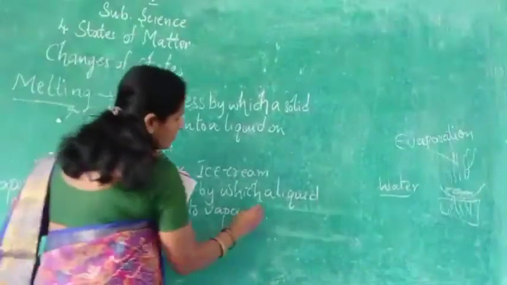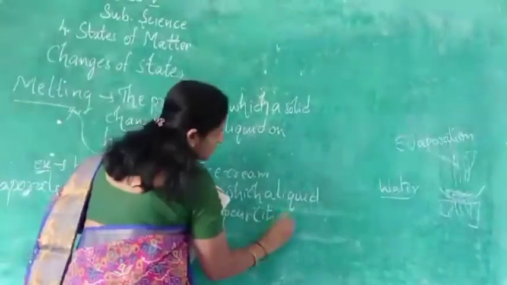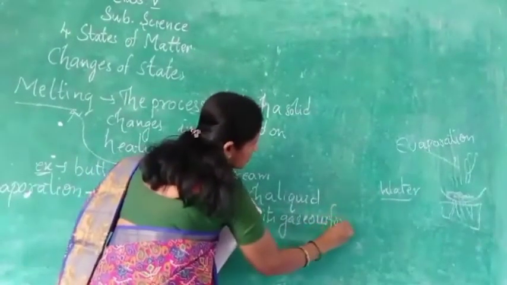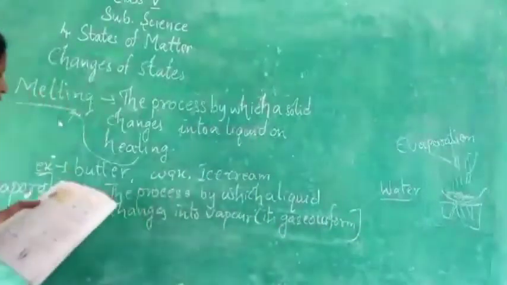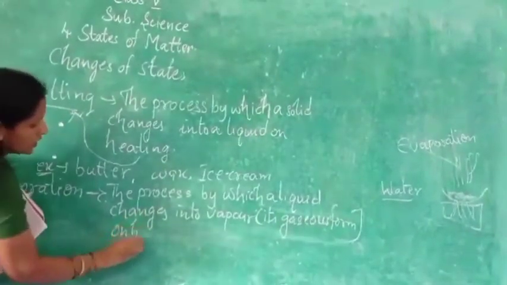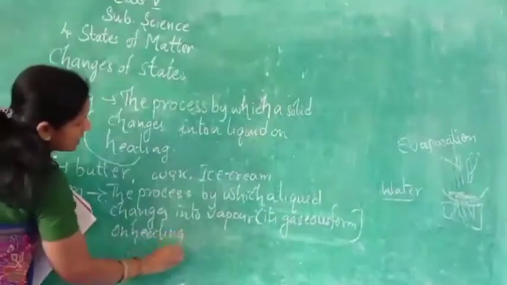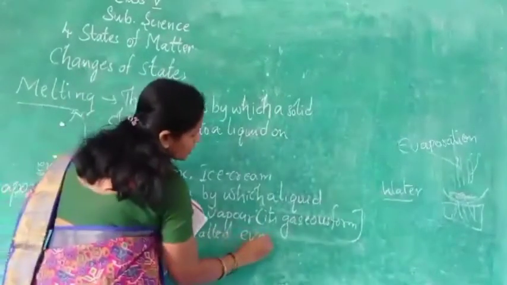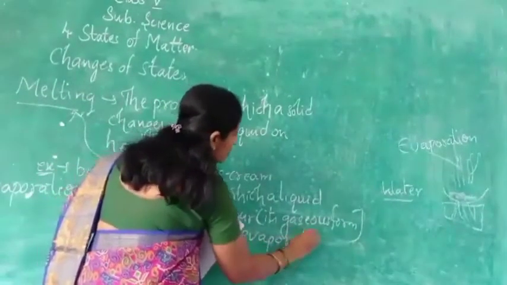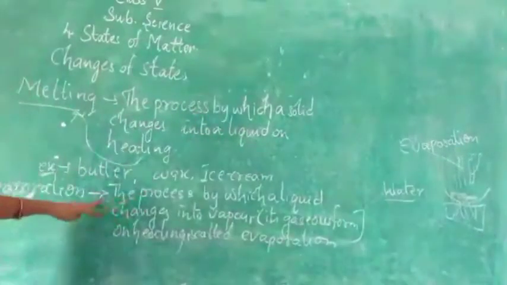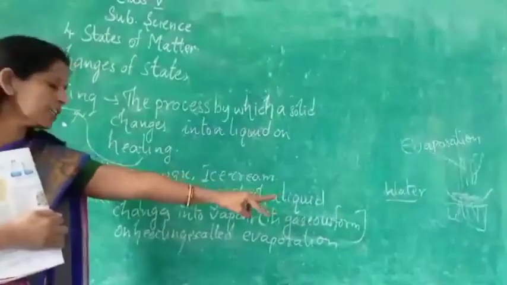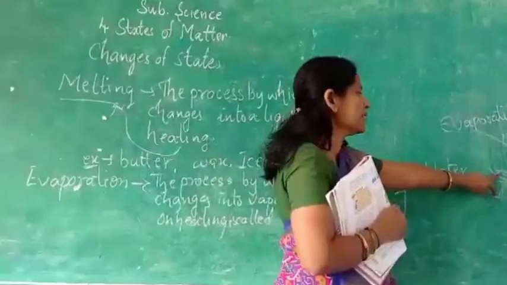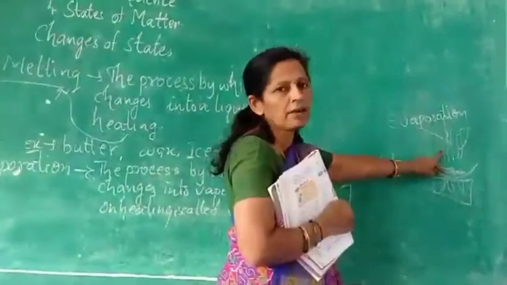Vapor means its gas form. This is called evaporation. For example, I have taken water and kept it for heating. On heating the water is boiling and we are seeing the evaporation.